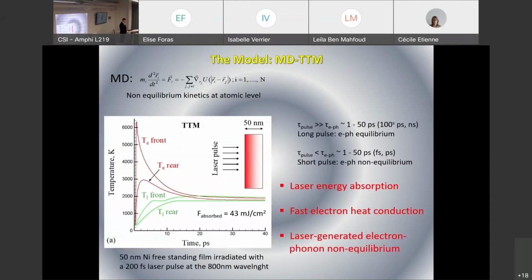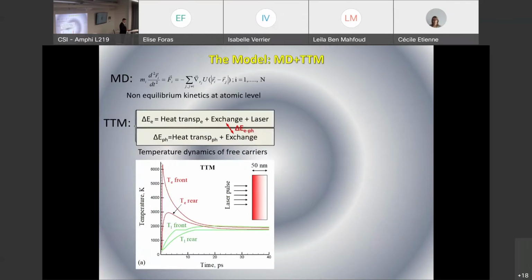On the other hand, we have the so-called two-temperature model, which assumes two subsystems that interact with each other via electron-phonon coupling. The subsystem of electrons has a temperature of electrons, and the subsystem of phonons has a temperature of phonons. So these subsystems interact with each other, and this two-temperature model can describe laser energy absorption, fast electron heat conduction, and laser-generated electron-phonon non-equilibrium.